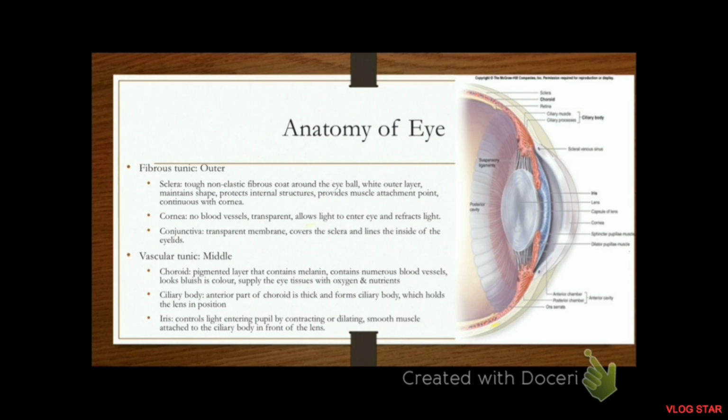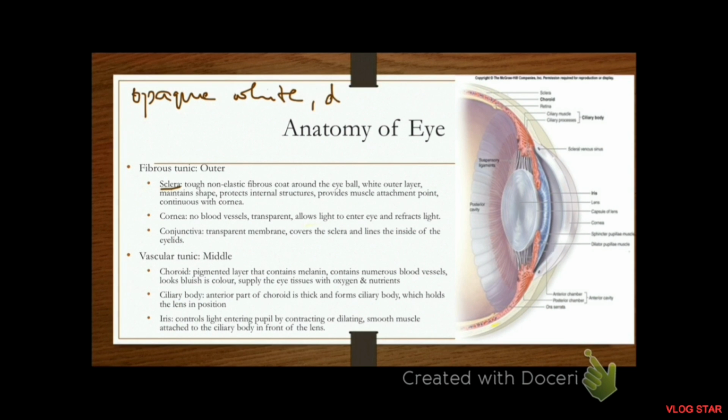Now, this sclera is opaque white. What is the sclera? It is opaque white, and it is the outermost covering, composed of dense connective tissue.